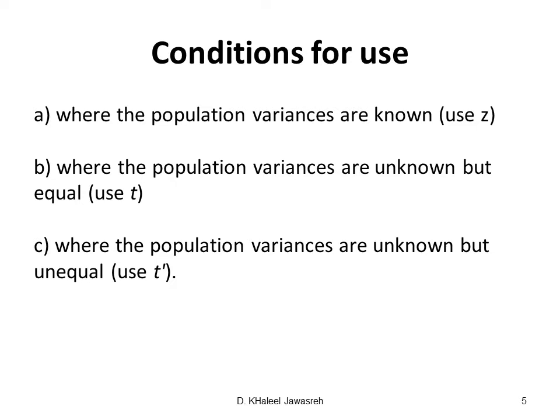You can return to the flow chart that has been discussed previously about the conditions for using Z or T distribution. But in general, we need to concentrate on the variances, whether they are known or unknown. If they are known, we use Z. If they are unknown, go directly to the t-distribution.